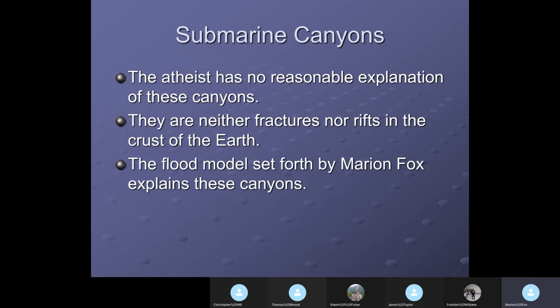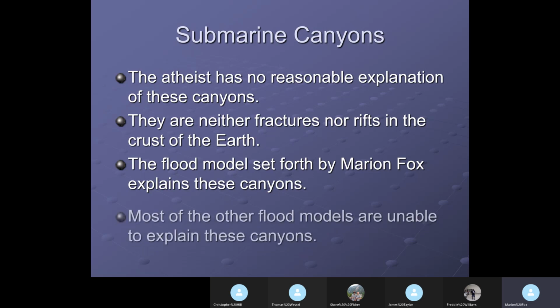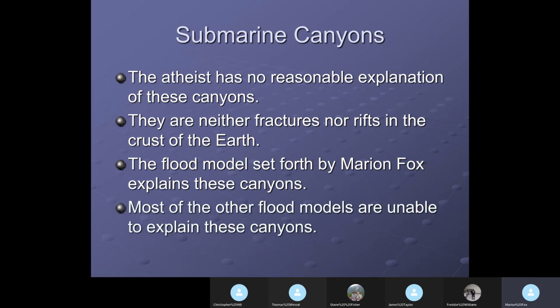Okay. My flood model, set forth by me, I believe, explains these canyons in a very reasonable manner, and in a way that would fit what we see in nature. Most of the other flood models are unable to explain these canyons. When I started out to form my flood model, I looked at all of the problems we have and said, how do we explain these?